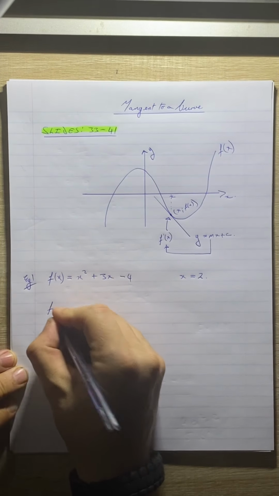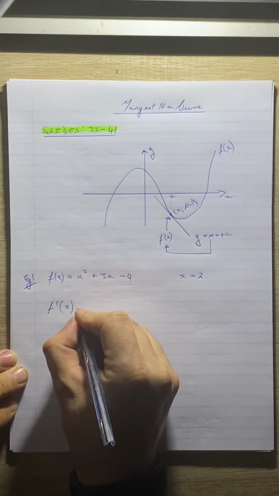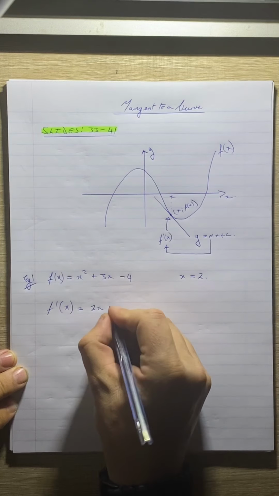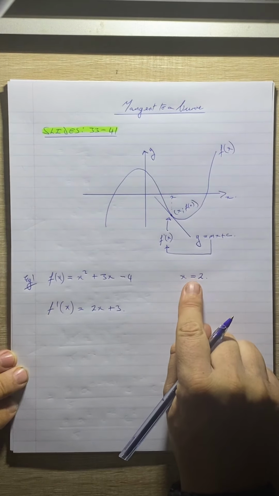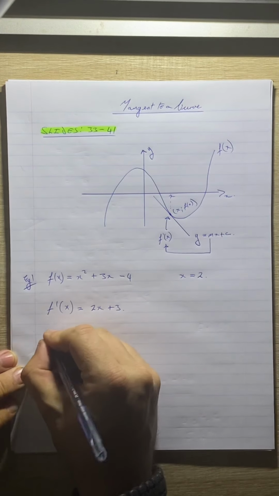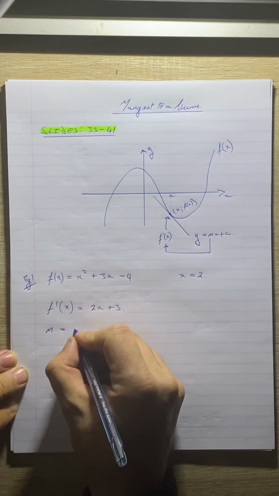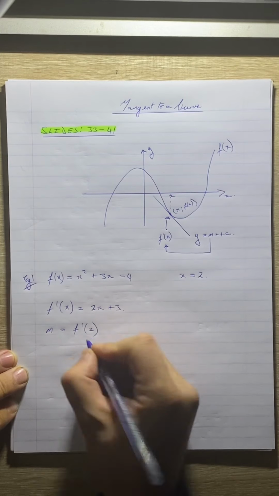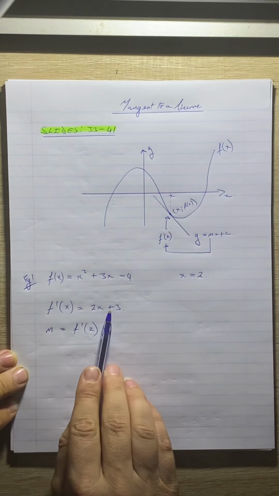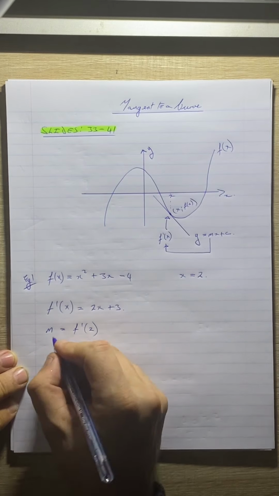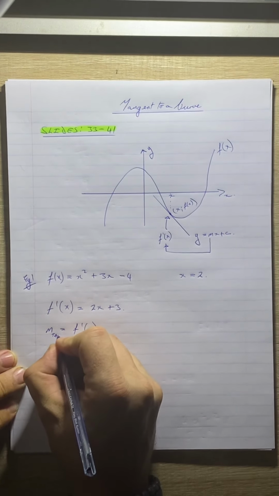So the derivative here would be f dash x is equal to 2x plus 3. But now we're interested in a particular point, which is x is equal to 2. So the gradient will be equal to f dashed of 2. So I'm going to take my x value of 2, put it into here, and that will give me the gradient of the tangent at that point.